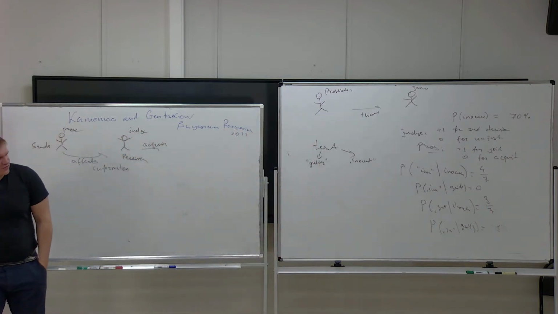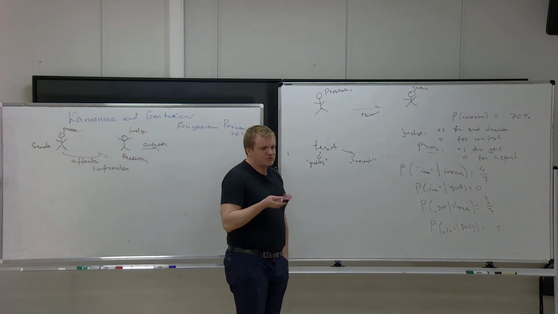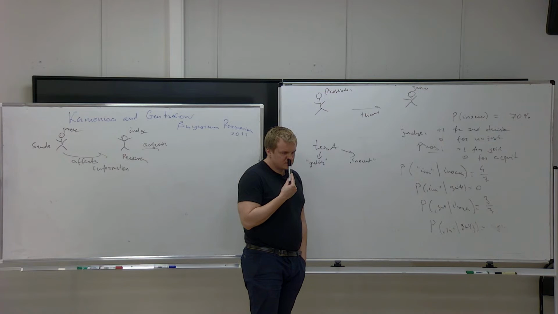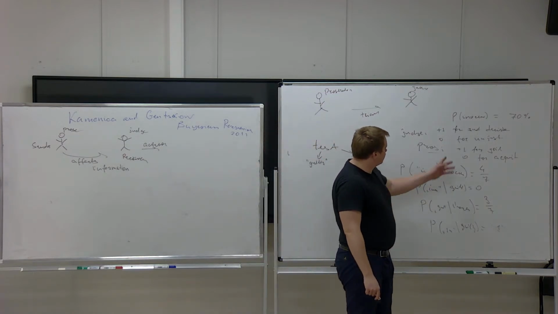Suppose you see that the test comes out innocent. What do you infer? Well, you just compute it by the Bayesian formula.